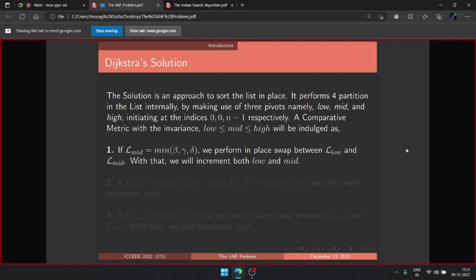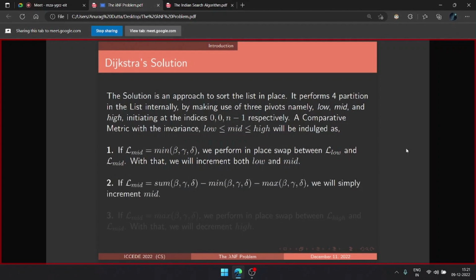If the list's mid element is equal to the minimum of beta, gamma, and delta, we perform an in-place swap between the low value and the mid value, and increment low and mid.